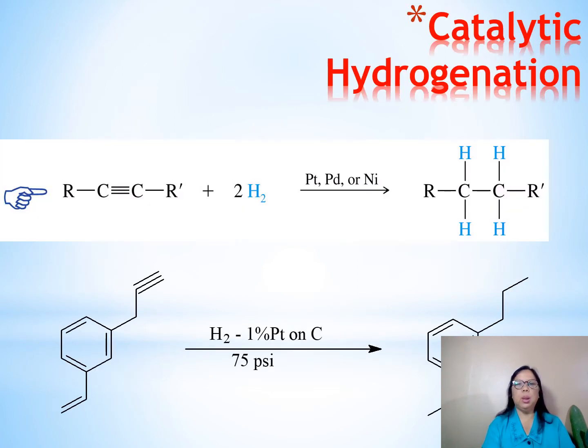Then another reaction is the catalytic hydrogenation. So hydrogenation meaning to say there is an addition of hydrogen. So the addition of hydrogen will make a triple bond, double bond, and then an addition of hydrogen again to the double bond will make it single bond. So this is just a series.